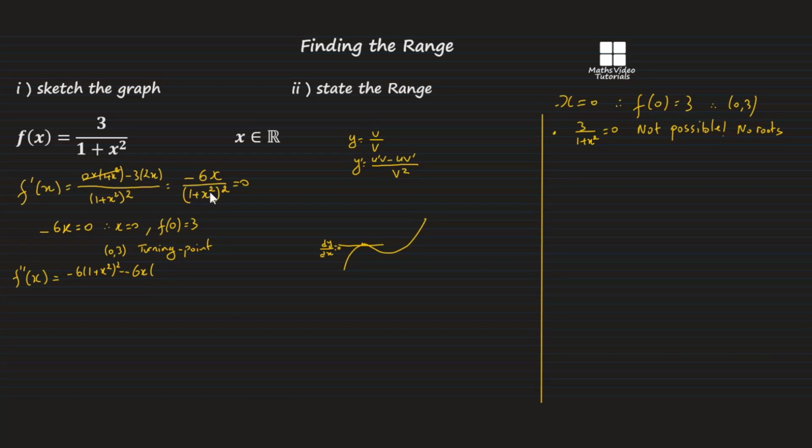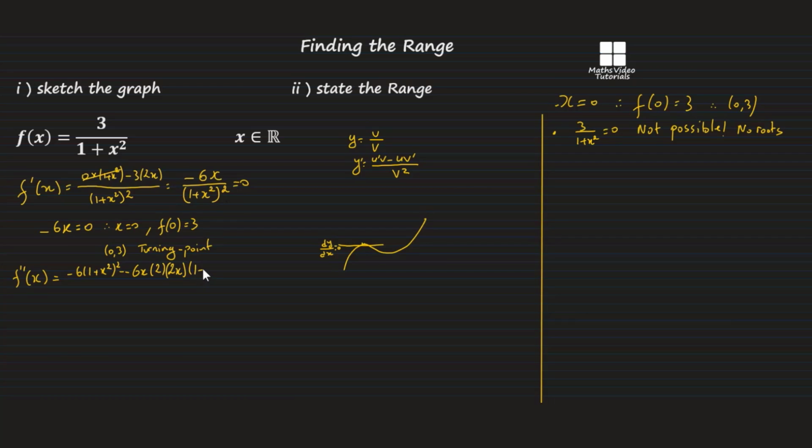This one here, we need to bring down the 2 first, as you would do when you differentiate any expression. So you bring down the 2, and then multiply by the derivative of the expression inside the bracket. The derivative of 1 plus x squared is going to be 2x, and multiply by the function itself, but with the power decreased.